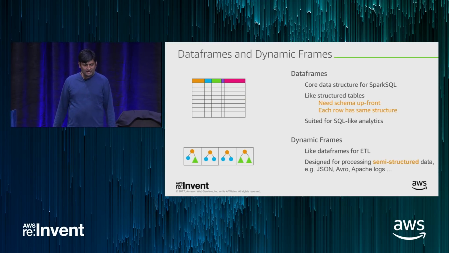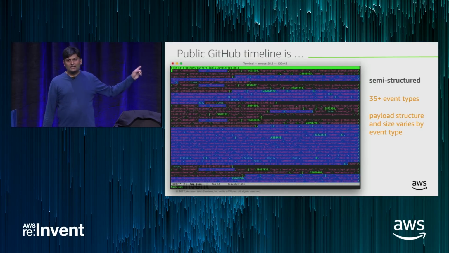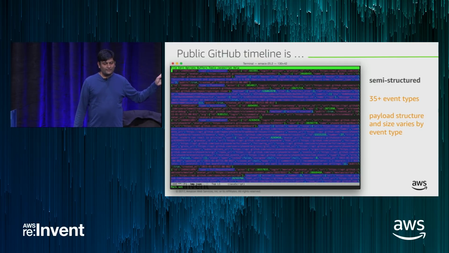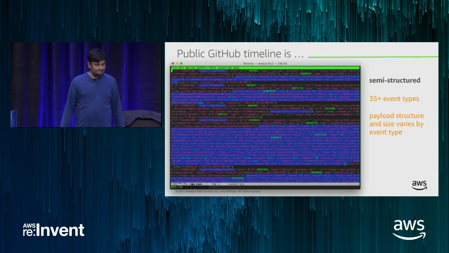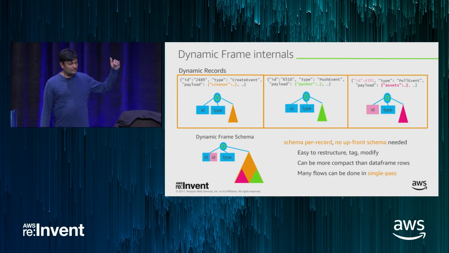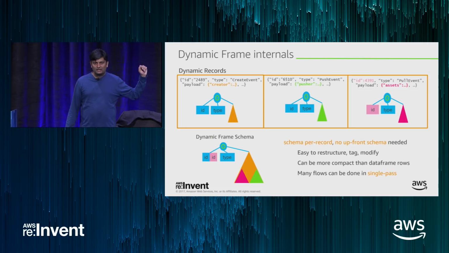So what do I mean by semi-structured data? The data that I showed you earlier, the public GitHub timeline. You've got lots of different event types, and the payload structure varies by each different type of event. I'm going to show you how we actually represent this data in dynamic frames.